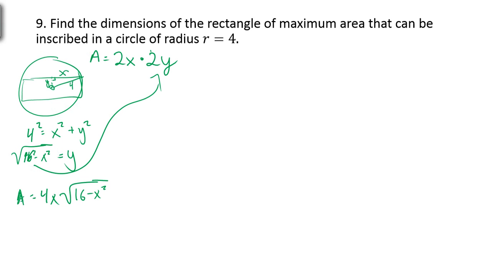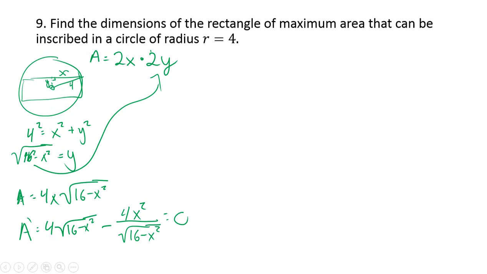So the derivative, A prime, would be 4 times the square root of 16 minus x squared, the derivative of the first times the second, plus the derivative of the second times the first. What ends up coming out is a minus 4x squared all over the square root of 16 minus x squared. And now we set this equal to 0.